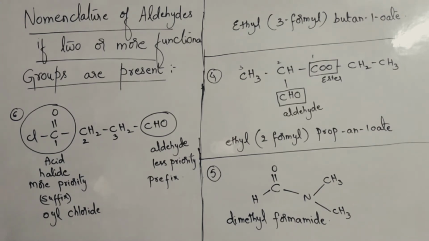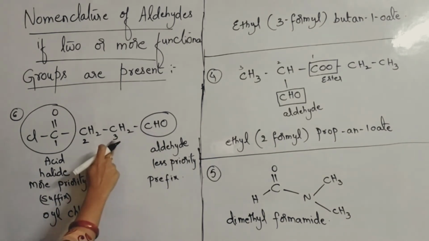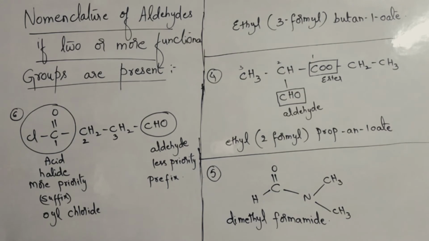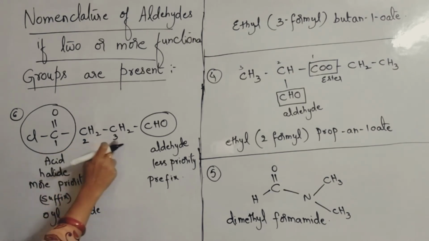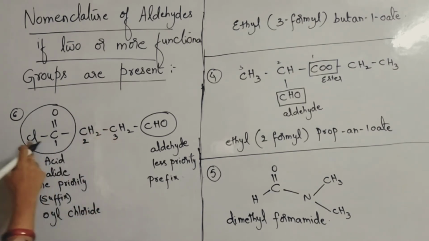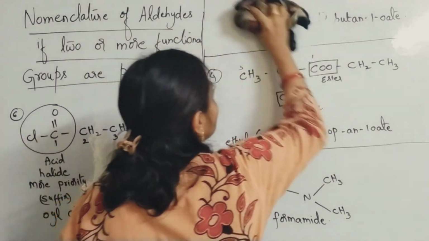So for the third carbon, this CHO is attached. So 3 formyl. And how many carbons are there in the parent chain? Prop. Propanoyl chloride. 3 formyl propanoyl chloride is the name of this compound.